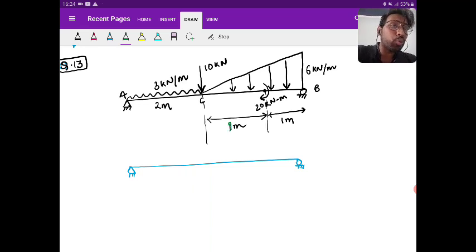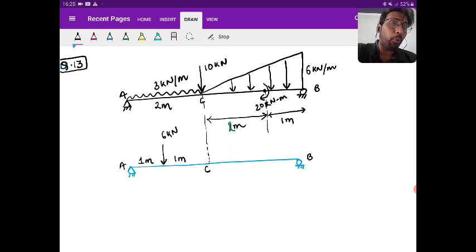Let me take this as 2 meter, just for simplicity, because my main purpose here is not to let you calculate, but to understand more. If you look from A to B, there is a point load of 6 kilonewton due to UDL, acting at its centroid, so it will be 1 meter, 1 meter.